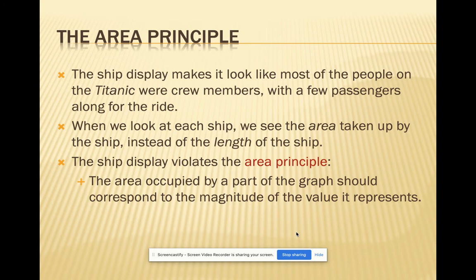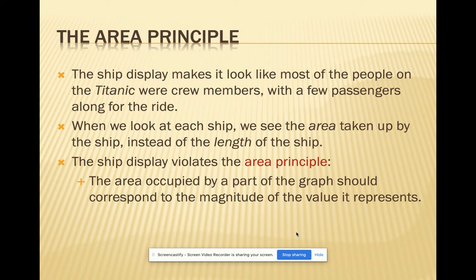So what should happen is that whatever you're looking at on your graph should correspond to the area principle, where everything is in the correct proportion, so that your brain is able to understand the relationships just simply by looking at them. So the way that we do that is by making sure that the difference between each category is in one direction only.